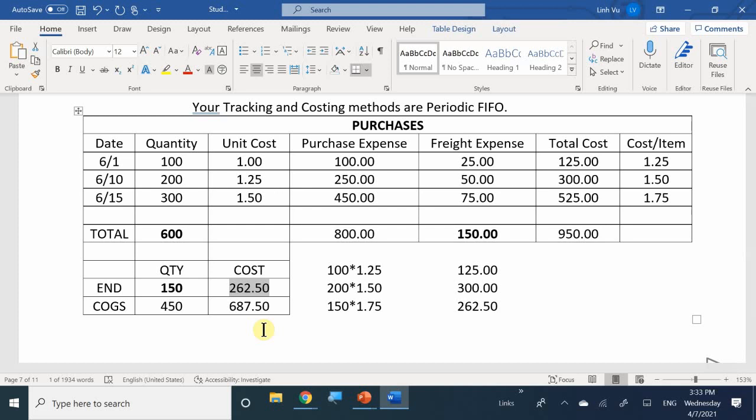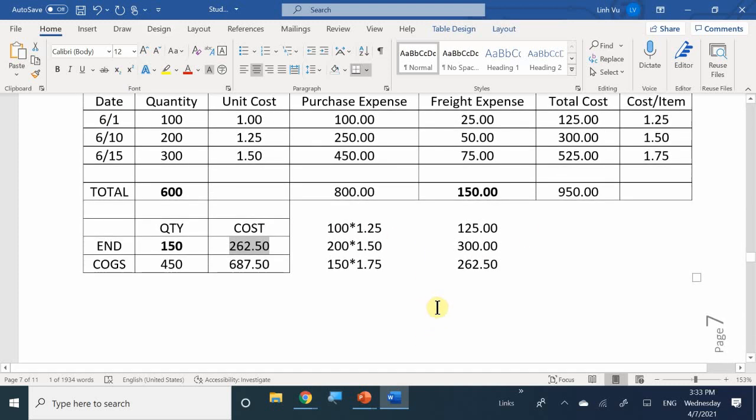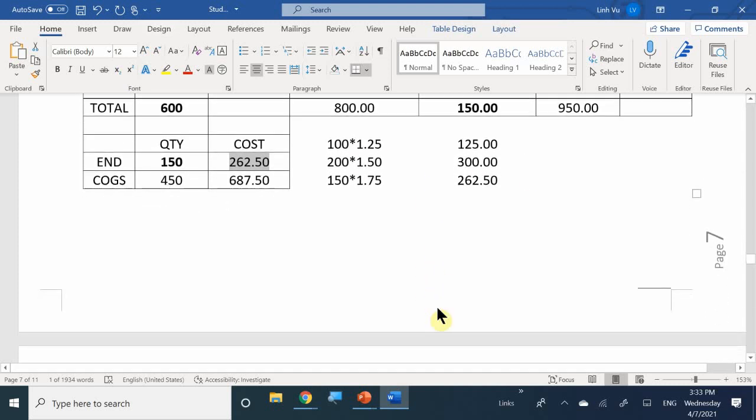But it's pretty simple. As long as you round your number towards the end, you should be fine because the answer should be there. Okay, so good. Any other questions for this one? This is an example of FIFO.